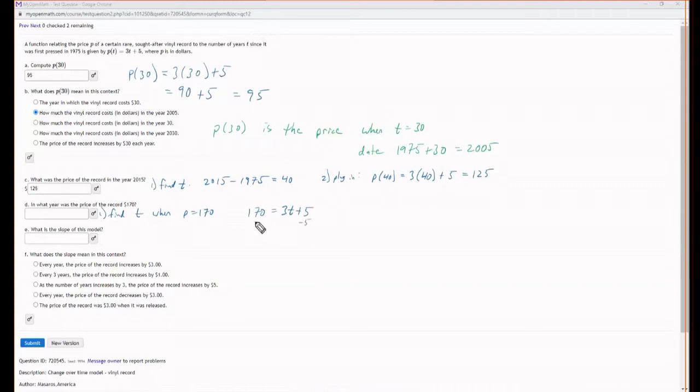And I solve that equation, so we'll subtract 5. Okay. Then I divide by 3. So I have T equals 55. Now my second step is to convert that T into a date.